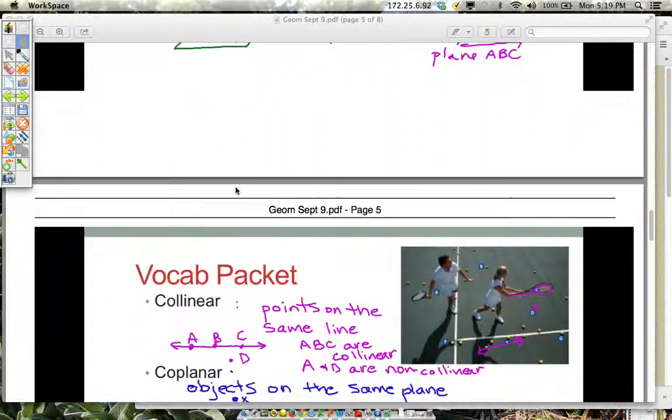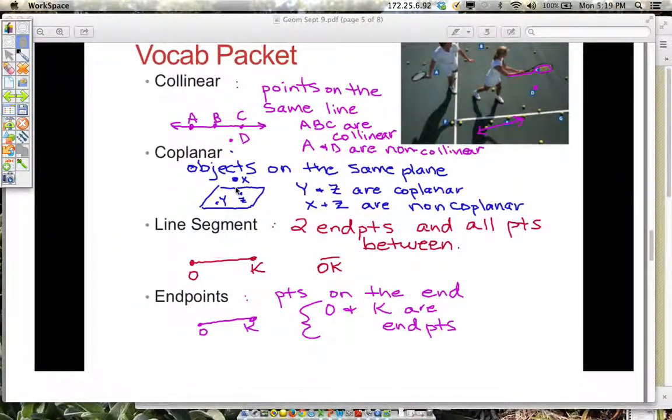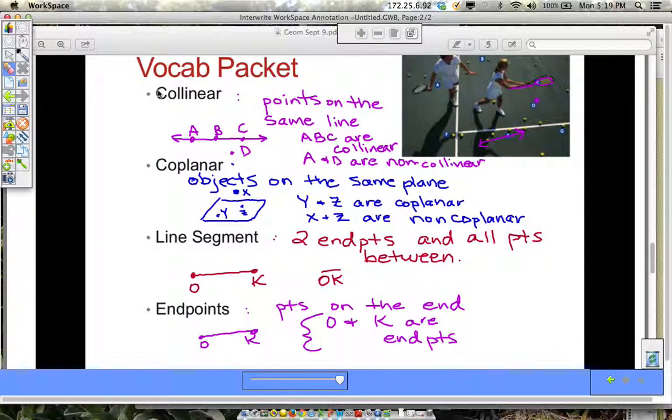So now moving on from that, we've got collinear. If you break this into 2 parts, we've got co, and then we've got linear. When I think of linear, I think of a line. And co, I think of my coworkers. Who do I work with? We're on the same job, right?